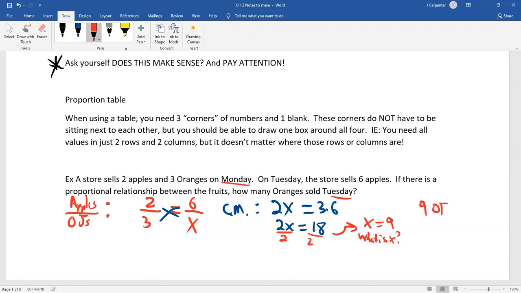So it was 9 oranges. 9 oranges on Tuesday. That is a quantitative reasoning answer. 9 is not a quantitative reasoning answer. 9 oranges would be good enough since they said specifically on Tuesday, but this is being very specific.